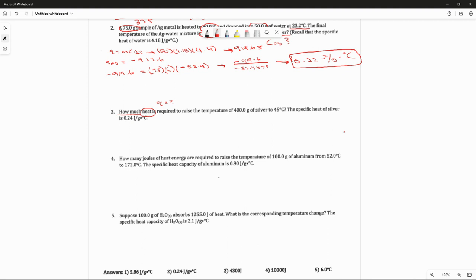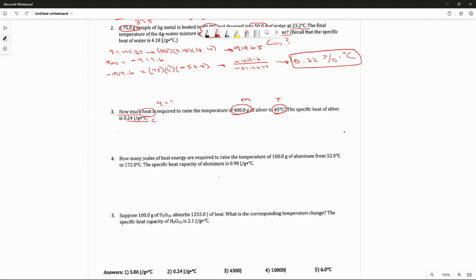Q is question mark. Raise the temperature of 400 grams silver, Ag, mass, and to 45 degrees Celsius. So this is going to be T. And it gives you the C value, C equals 0.24 joules per gram times degrees Celsius.